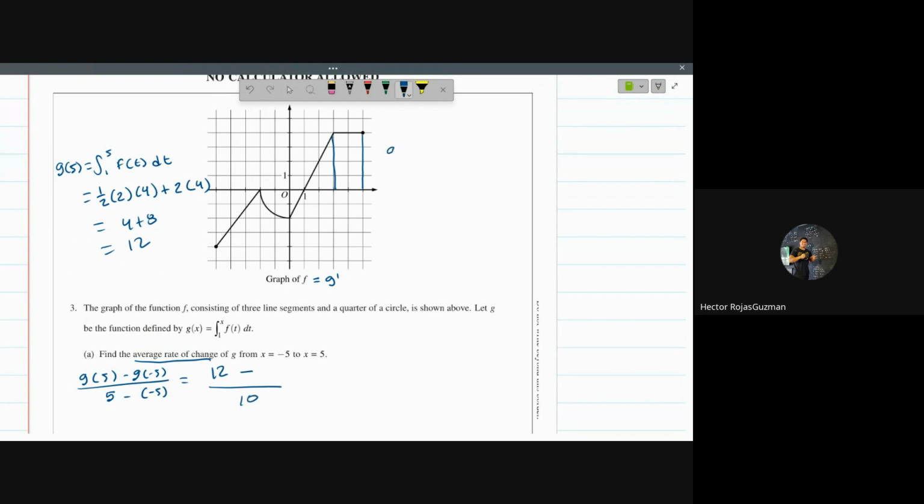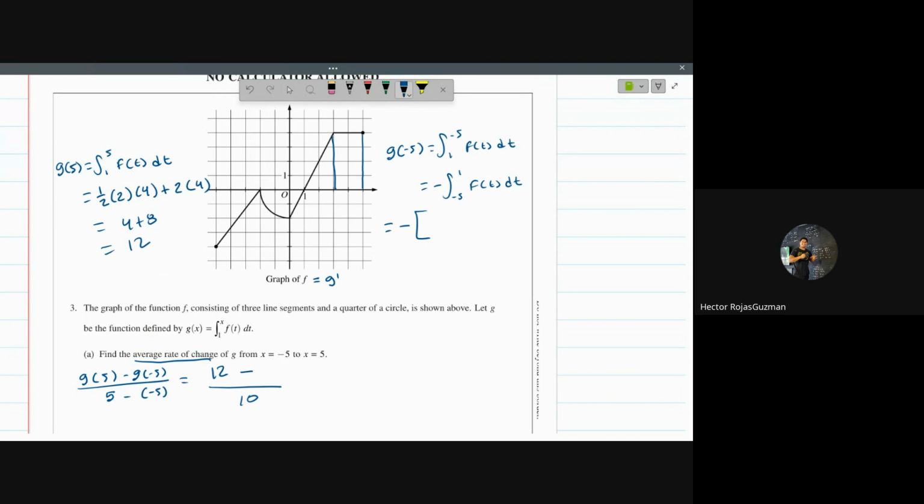Now g of -5 equals the integral from 1 to -5 of f of t dt, or you can think of it as the negative integral from -5 to 1 of f of t dt. And when you think about the integral from -5 to 1, you do have to take negative area into account. Okay?